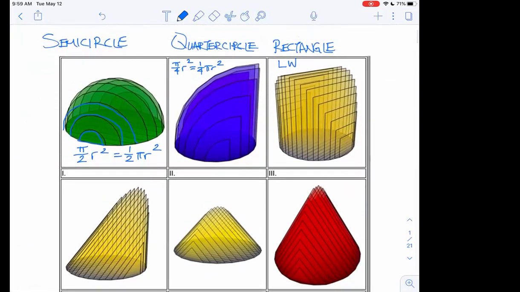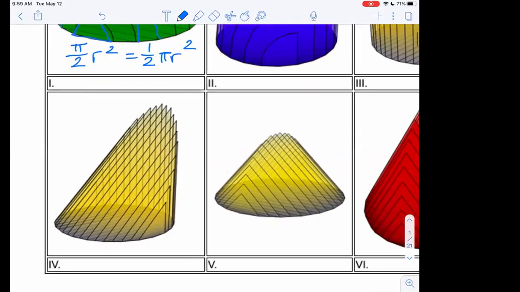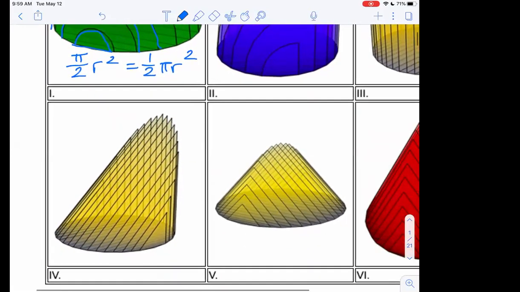All right, so we've seen a semicircle, we've seen a quarter circle, we've seen a rectangle. Let's take a look at these last three shapes on the bottom. How about number 4? What I'd like you to do is take a moment and look at number 4 and number 5. I want you to be as specific as you can about what type of shape you see, because 4 and 5 are different.